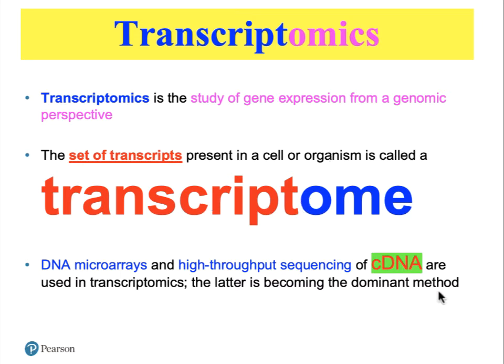Two commonly used methods, one of DNA microarrays and the other of high-throughput sequencing of cDNA, are used to answer these questions, with the latter becoming the dominant method because of the ease at which DNA can now be sequenced.